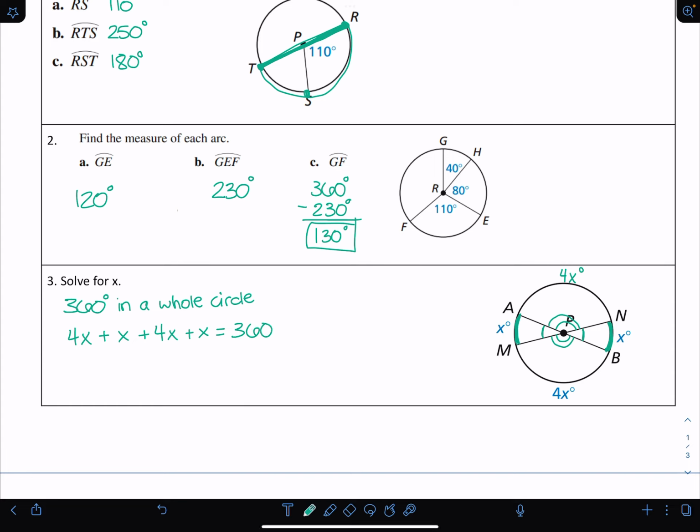We can combine our like terms on the left. So we have 4 plus 1 plus 4 plus 1x. So that gets us 10x, and that's equal to 360. To solve for x, we then need to divide by 10 on both sides. And our final answer is that x is equal to 36 degrees.